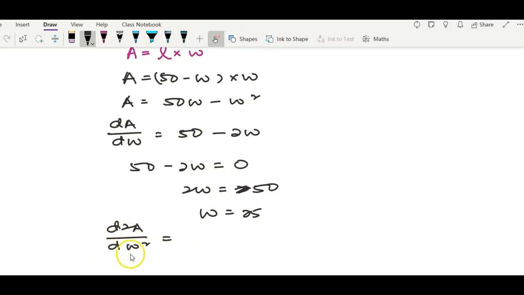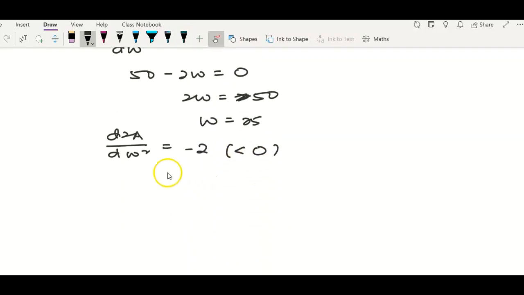To find the second derivative, differentiate dA/dW with respect to W one more time, you get negative 2. Since negative 2 is always less than 0, we can conclude that A is maximum when W equals 25.